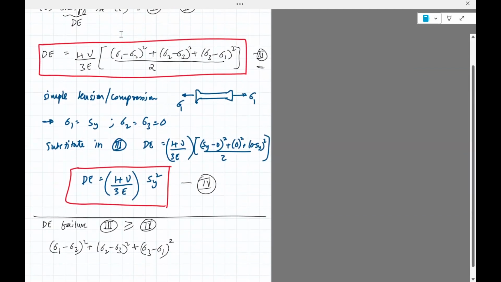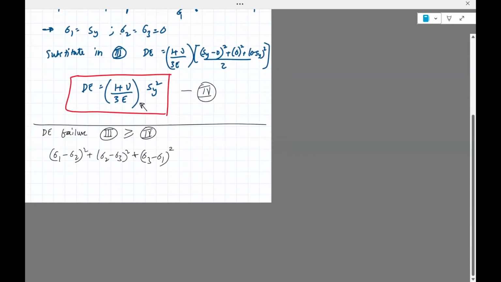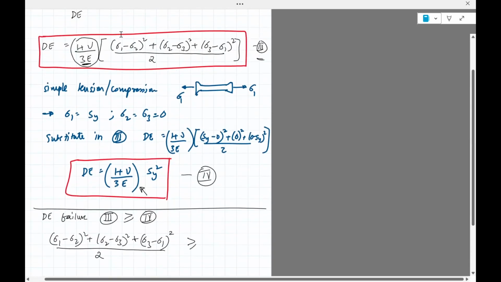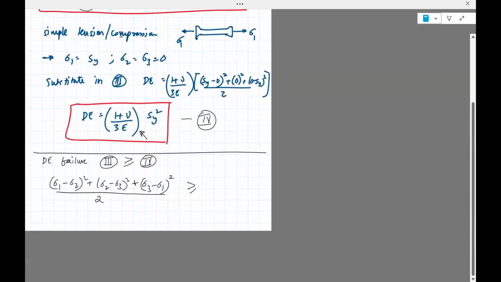Okay, I can save myself some time by just realizing that I can chuck these off. They basically will cancel off. So I'm only left with this part in the bracket. With this divided by 2 is greater than or equal to Sy squared.